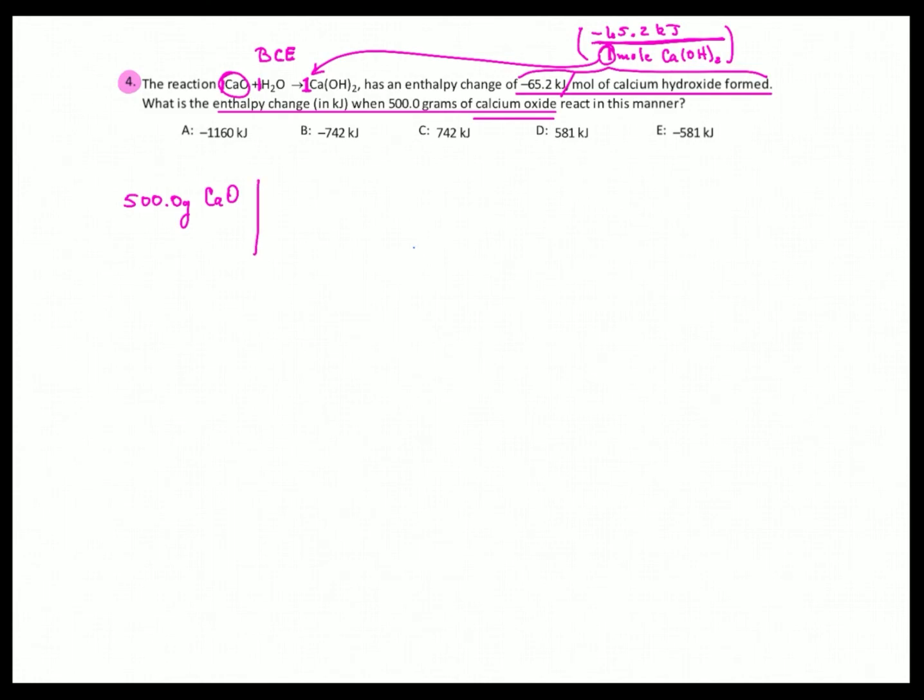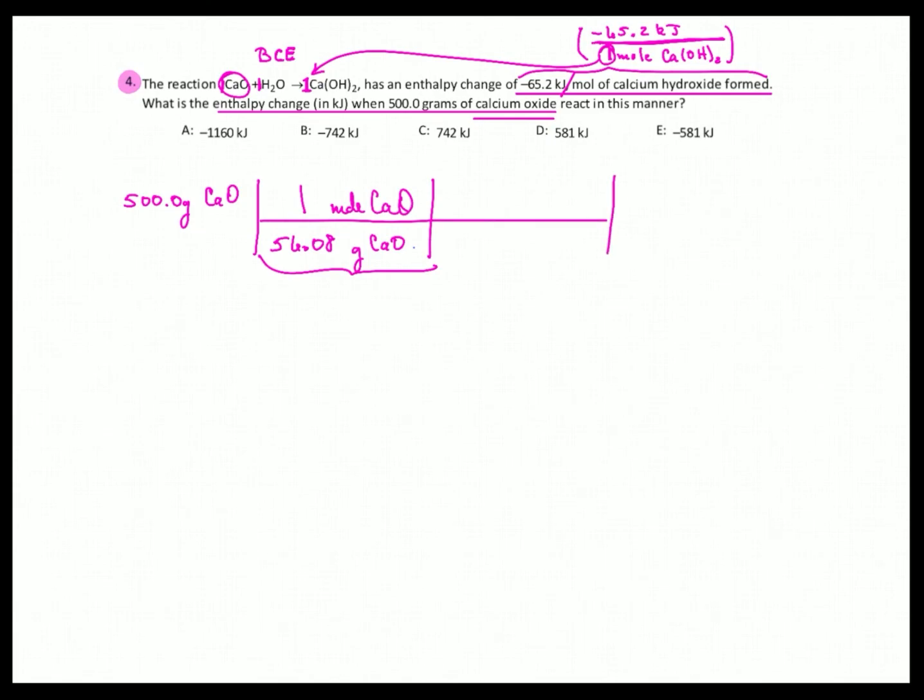So I can go from grams to moles of calcium oxide just with the periodic table to get myself to moles. If you add that up, it'll be 56.08. Now that I know moles of calcium oxide, I can look at my balanced equation and I can say for every 1 mole of calcium oxide that goes in, the heat change is negative 65.2 kilojoules.